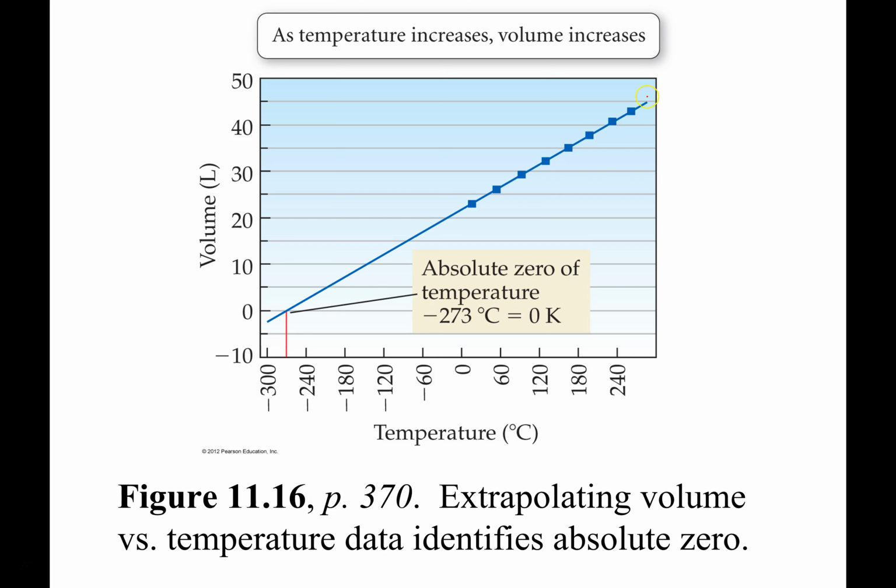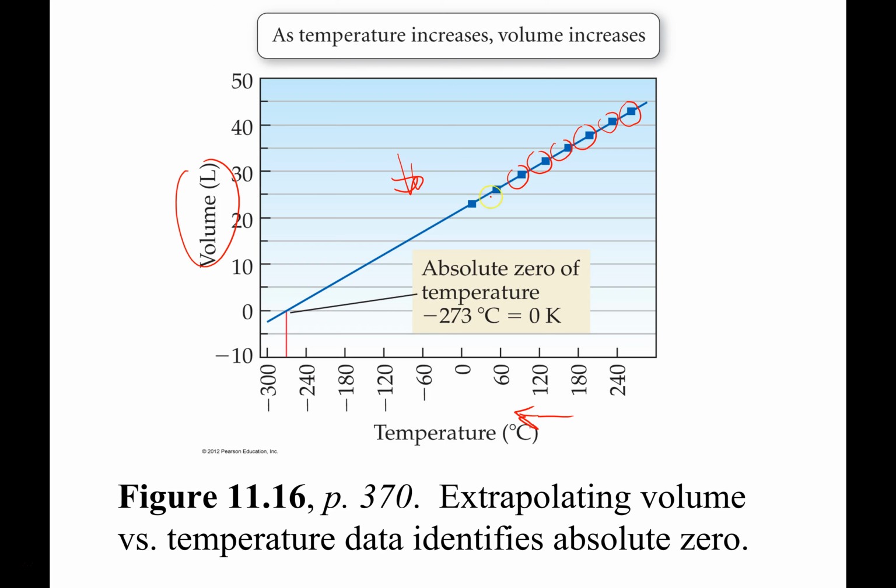So what this says is, if we take this as our gas, notice what we're going to do here. I'm going to go backwards, from right back to left again. I'm going to cool it down. It has a smaller volume. I'm going to cool it down, smaller volume. This is my volume going down.